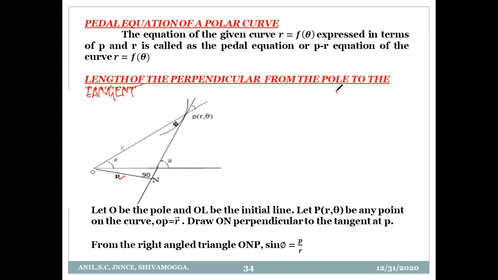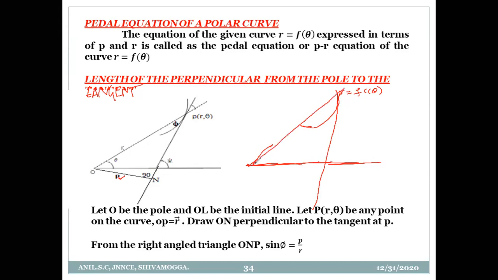We consider any arbitrary curve like this. Any arbitrary curve, R is equal to f of theta. To sketch the figure, this is the initial line. Now draw the tangent to the curve like this. Tangent to the curve. Next, radius vector.